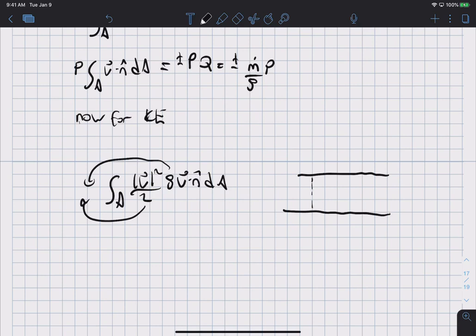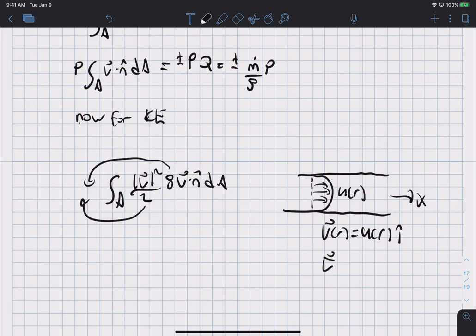So we have the edge of our control volume here, and we have some u of r, and v of r equals u of r I hat. Okay, and so that would be x. And again, we proved through the Navier-Stokes equations that the velocity is moving only in the x direction, even in the turbulent flow regime.